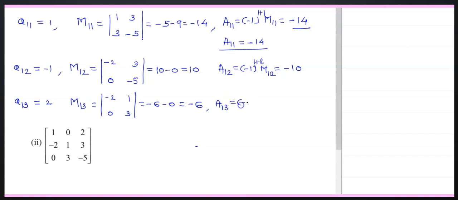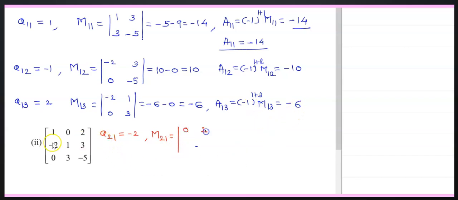Therefore A13 is equal to (-1) raised to 1 plus 3 times M13. Sorry, here it is not minus, it is plus 1, and overall it is minus 1. M13 is minus 6, but the sign becomes plus. Therefore it is minus 6.